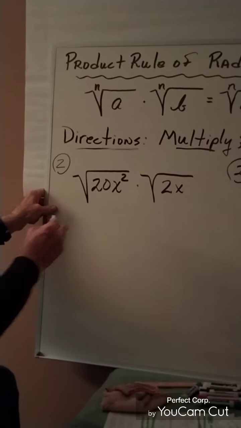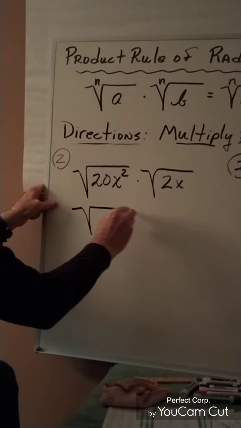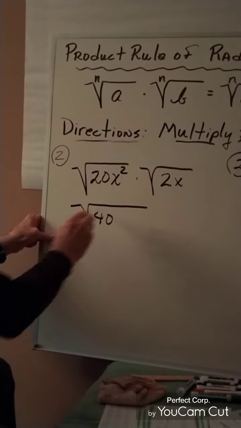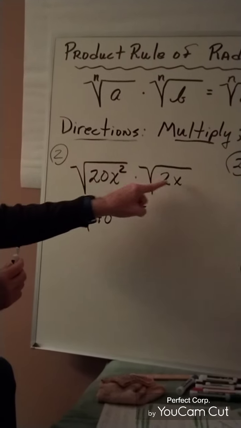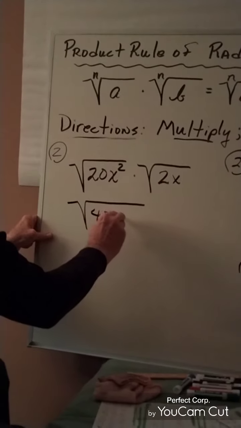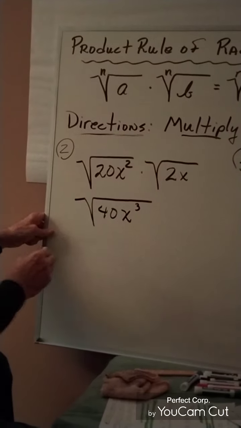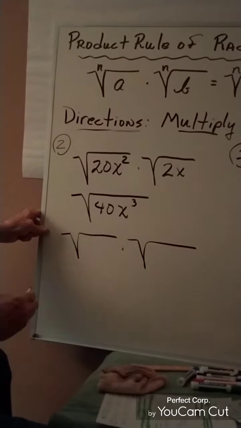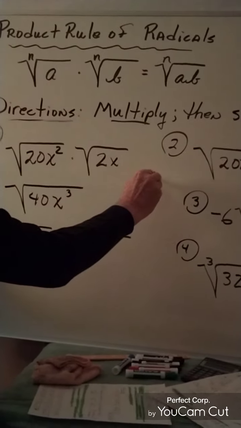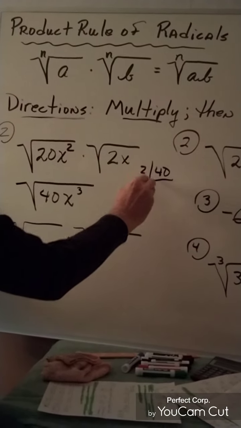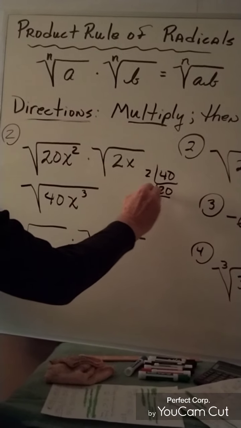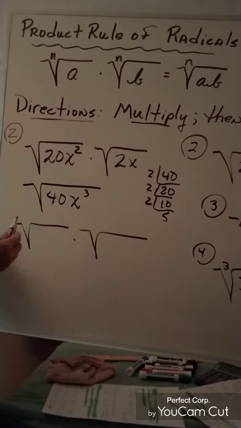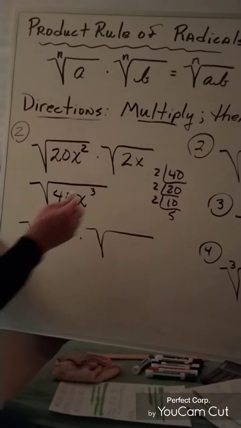So I'm going to multiply first. 20 times 2, 40. X to the second times x to the first. Now let's get it ready. 40, 2, 20, 2, 10, 2, 5. 2 of a kind.